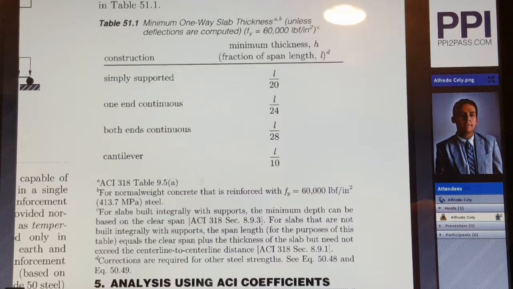And you see the minimum thicknesses based on the span length. So if your span is 20 feet, then your slab thickness needs to be 1 over 20, so 20 over 20 needs to be 1 foot.